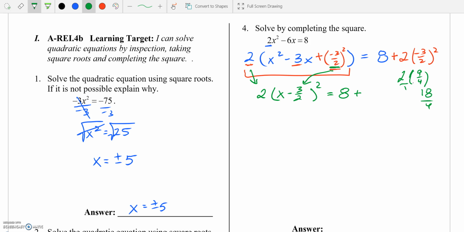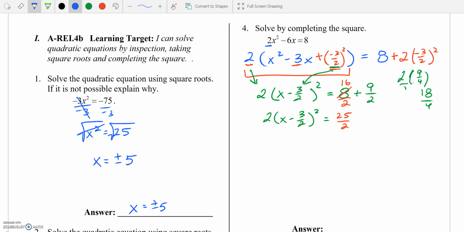And 18 over 4 reduces to 9 over 2. So now the left-hand side I still have 2 times x minus 3 over 2 squared, and that's equal to, I'm going to want to change this to a common denominator, so I'm going to turn this into 16 over 2. 16 plus 9 is 25 over 2, so I get that.